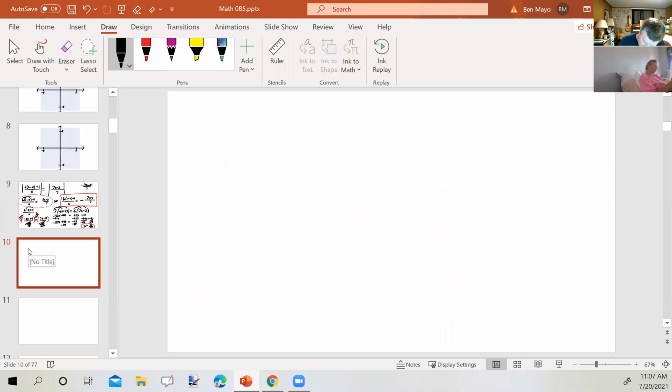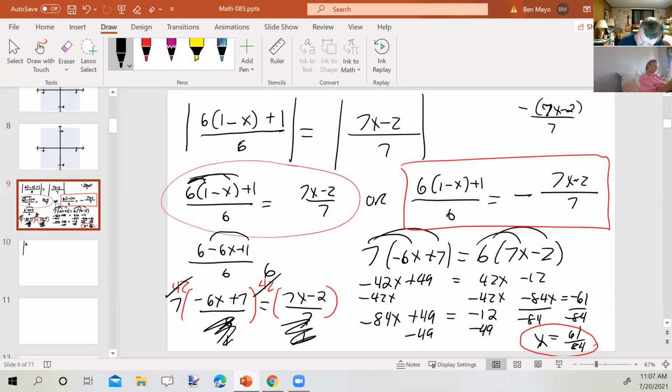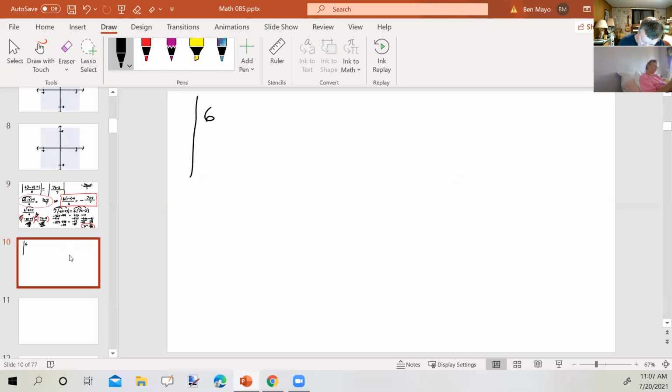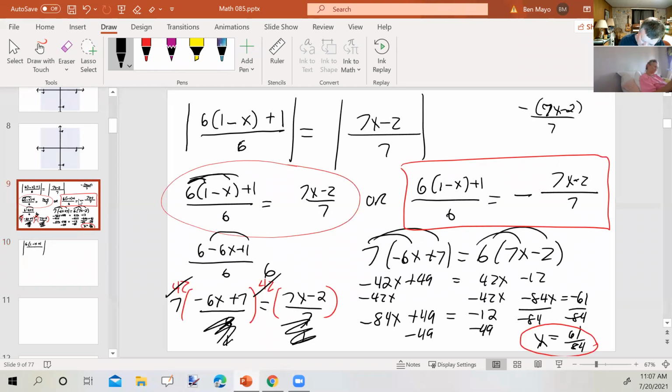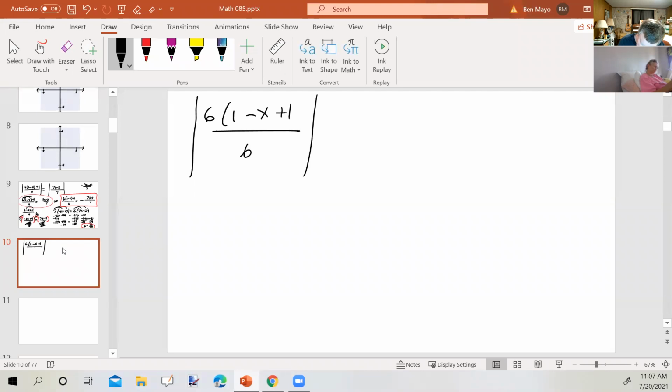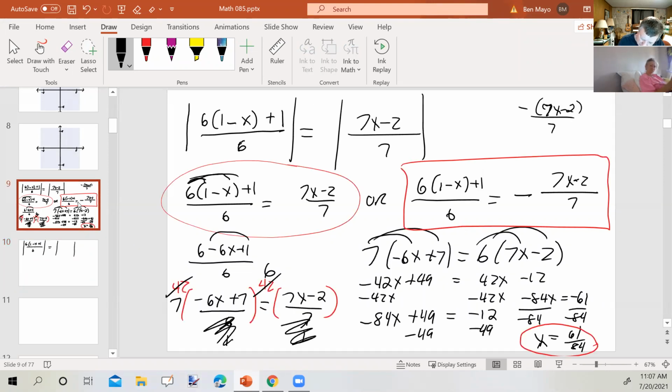So I've got, 6 times 1 minus x plus 1, 1 minus x plus 1, all over 6 equals, let's see, negative outside.